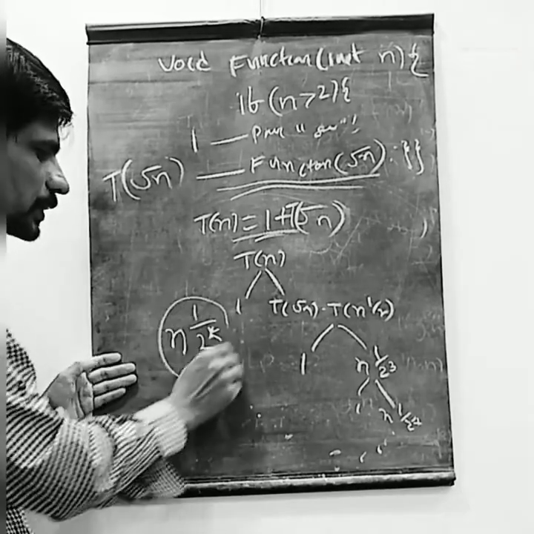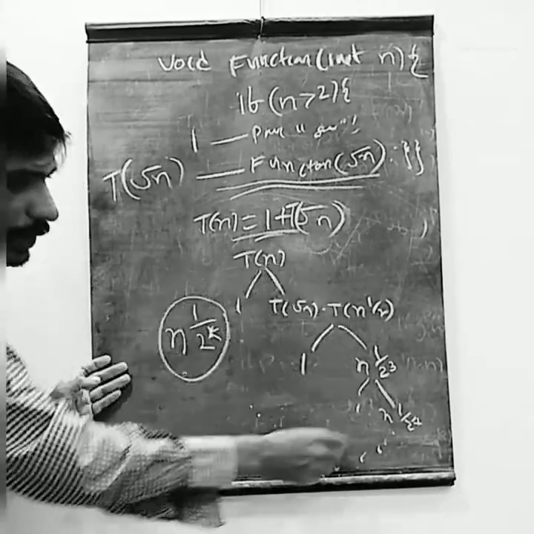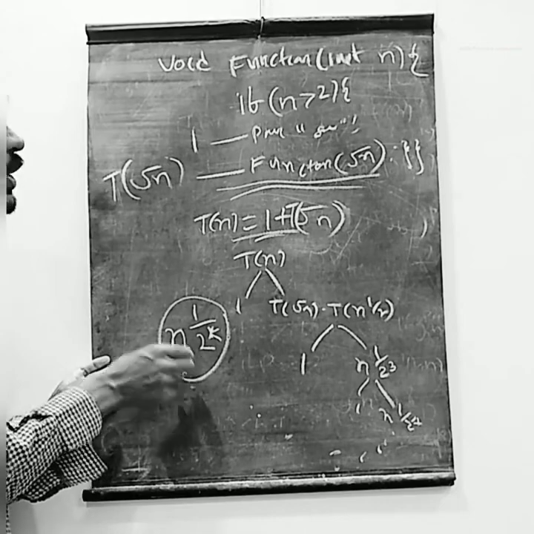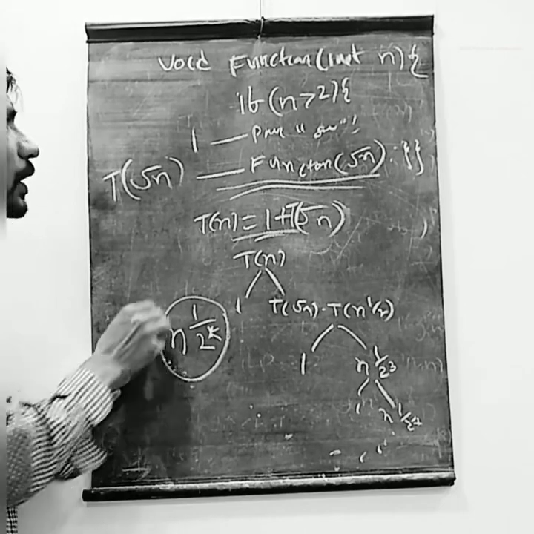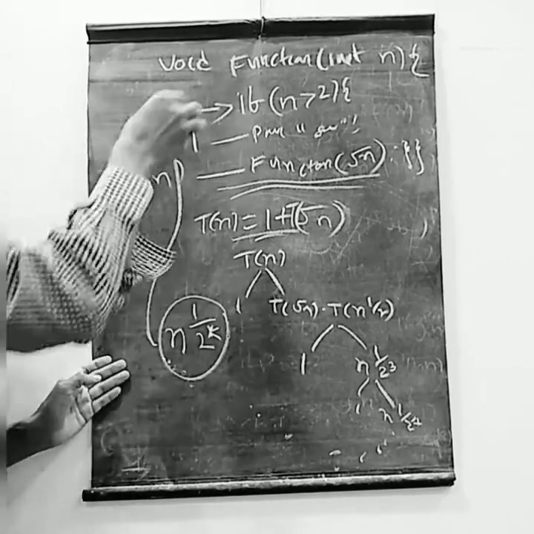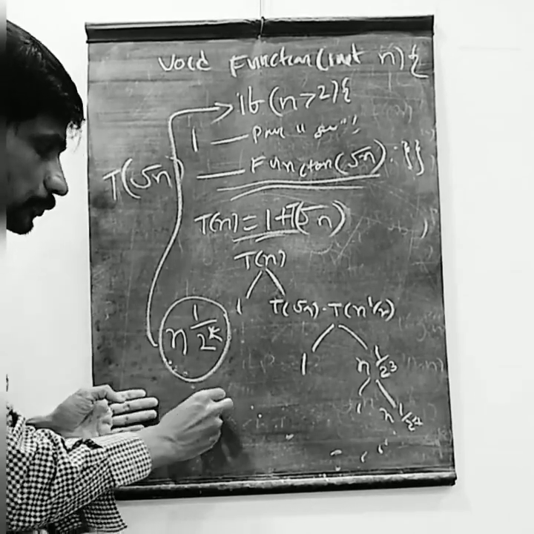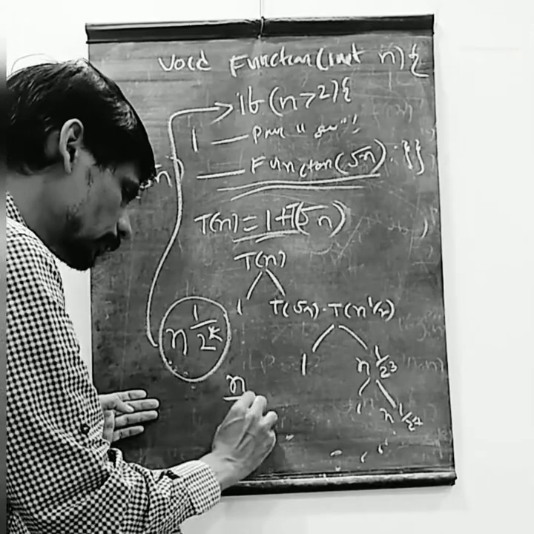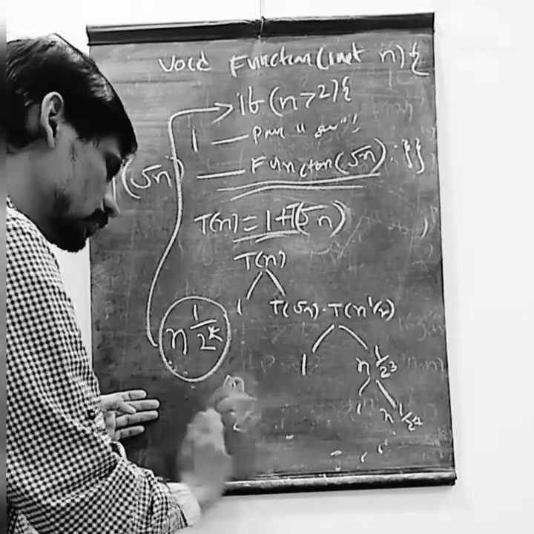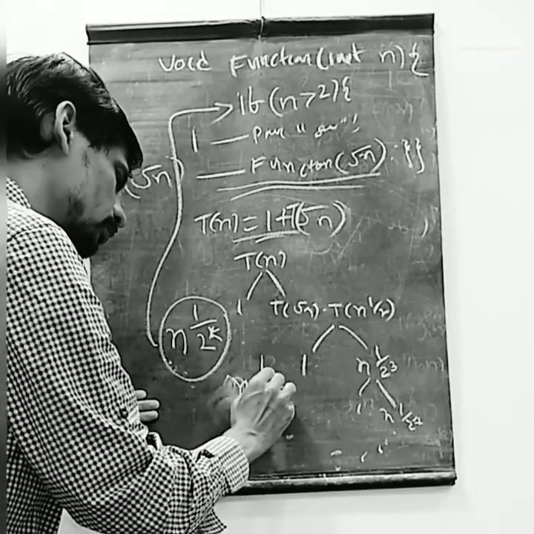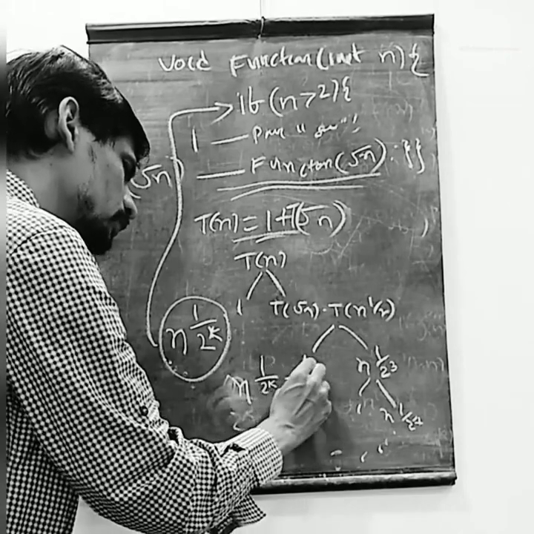We need to do this up to this many times so that it matches this condition and our program execution will stop. That means n power 1 by 2 power k equals 2. That is what we are saying, right?